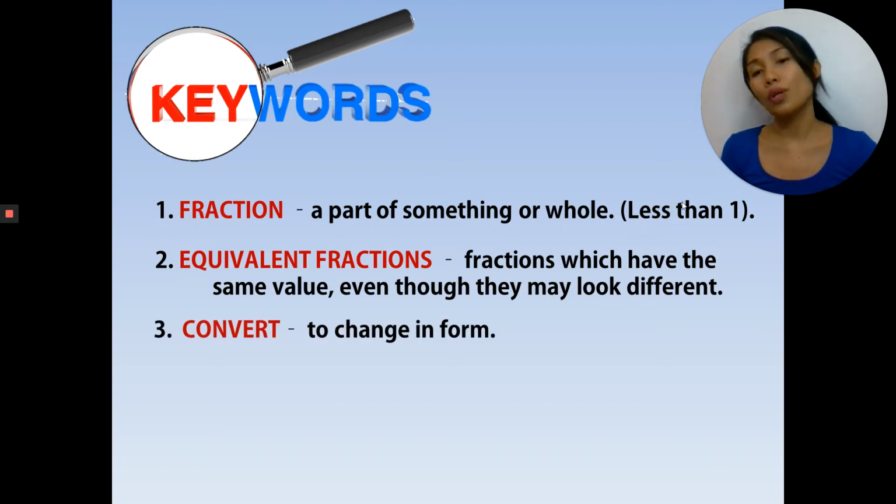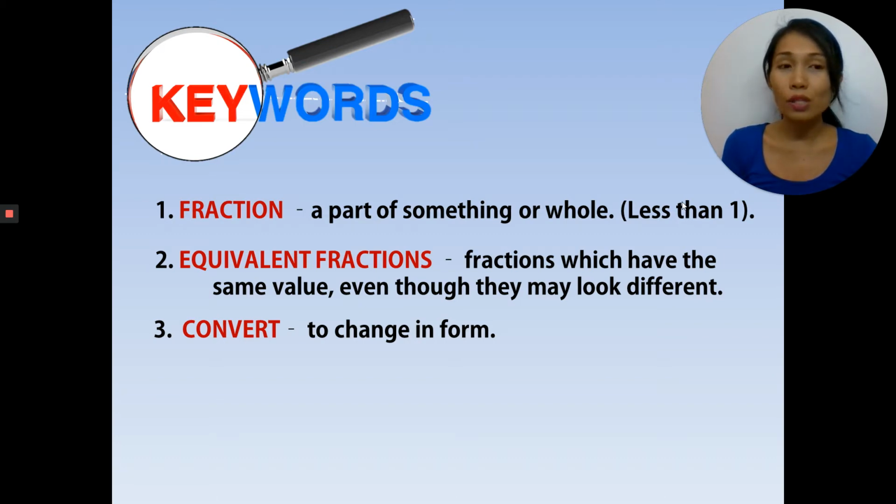Next is convert. Convert means to change in form. We'll be using this since one of our topics to discuss in this lesson is converting decimal to fraction and fraction to decimal. So it's important for you to understand convert. Convert means to change something in form, but the value is still the same.